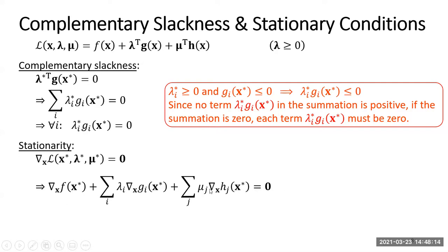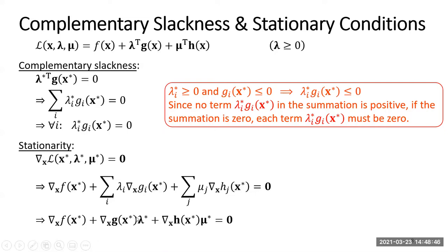Now, how to express this in vector form? This, in vector form, is this. We've seen what gradients are. For a scalar function, we know what a gradient is. We also know what the Hessian is, right? The second derivative of a scalar function like g i or h j is the Hessian, and the first derivative is a vector called the gradient.